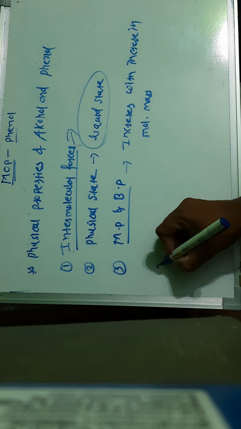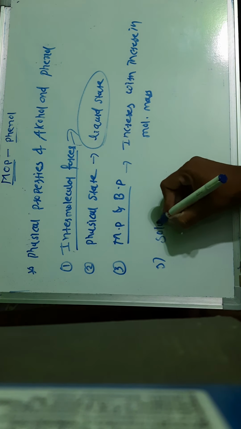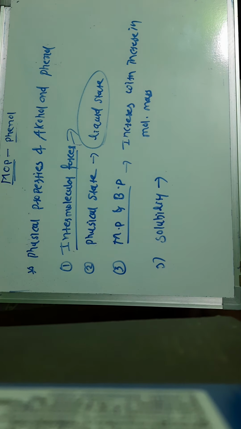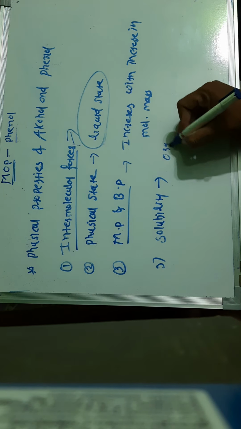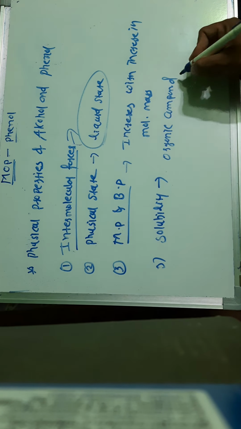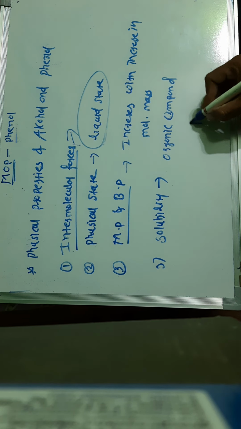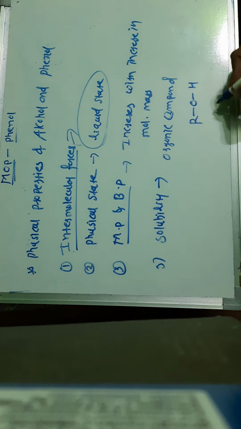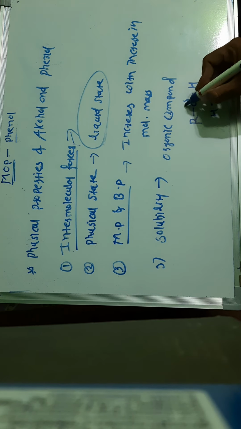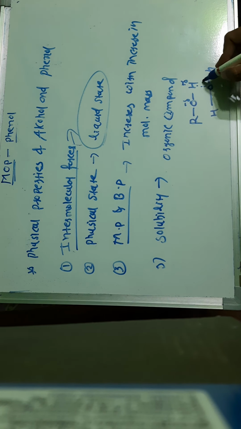And the last property is solubility. Now these alcohols are organic compounds, and we know that organic compounds cannot dissolve in water, but alcohol ROH can form hydrogen bonding with the water molecules.